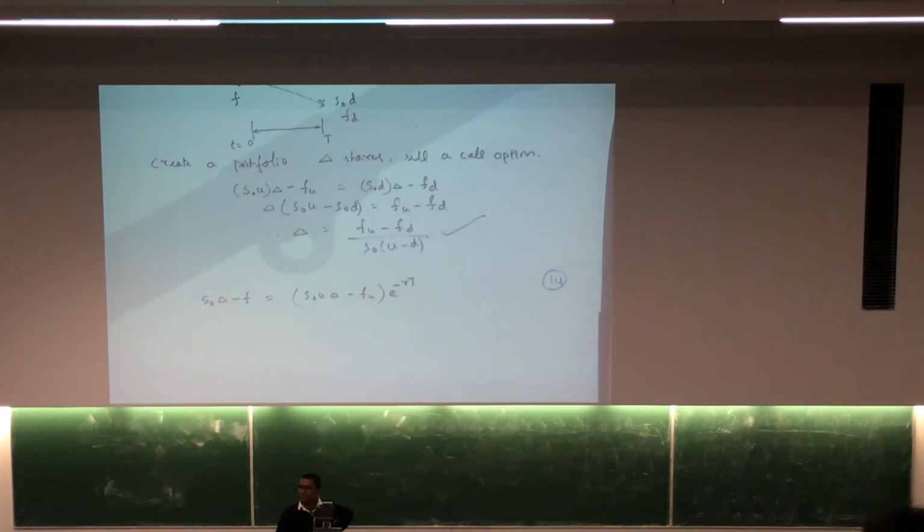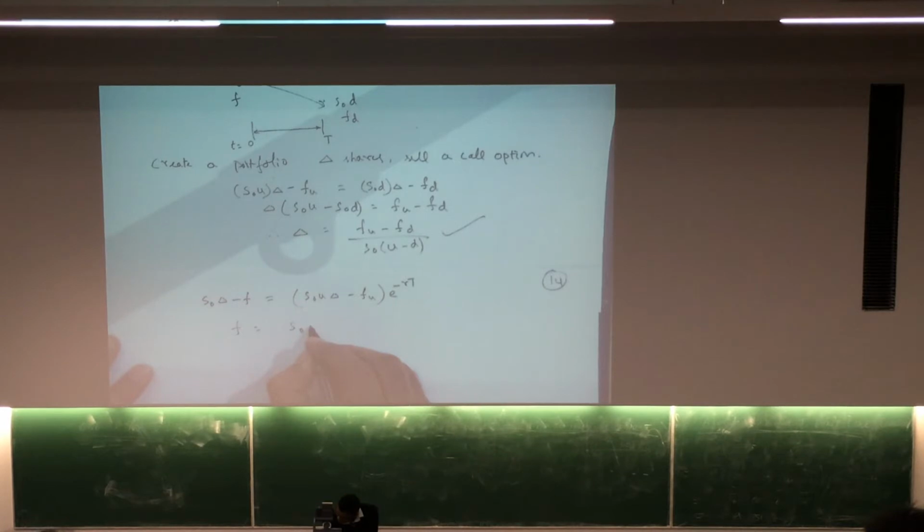Is that clear? The same logic. Only thing is you do not have numbers here. So by just doing some algebraic manipulation, I can always write this as F, that is what we are actually going to find, as S naught times delta e power minus RT.